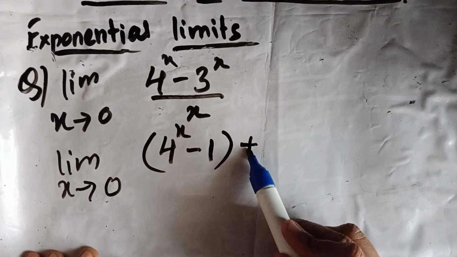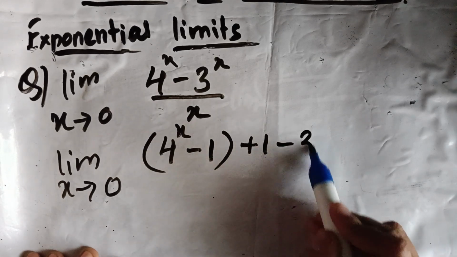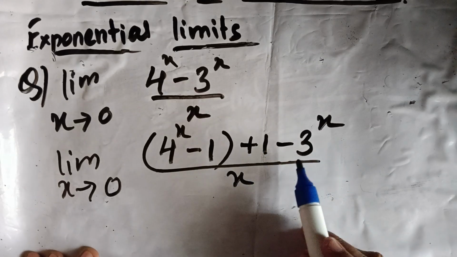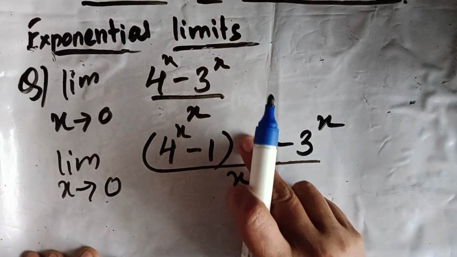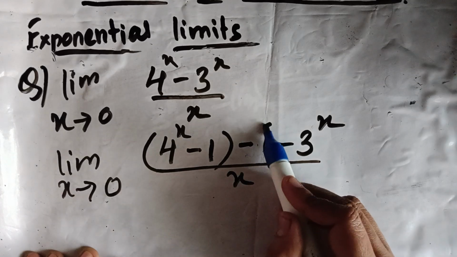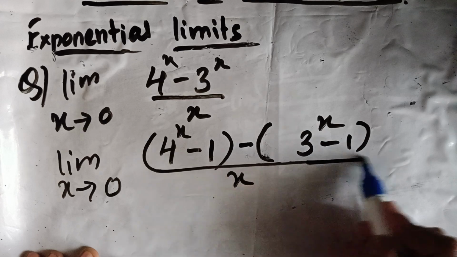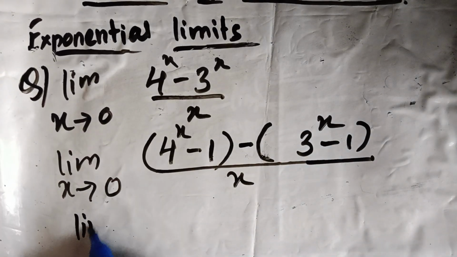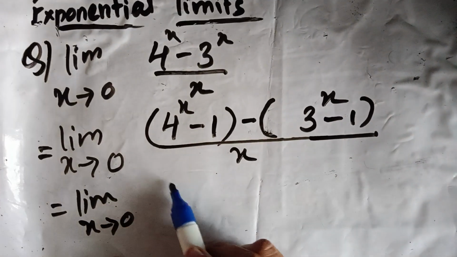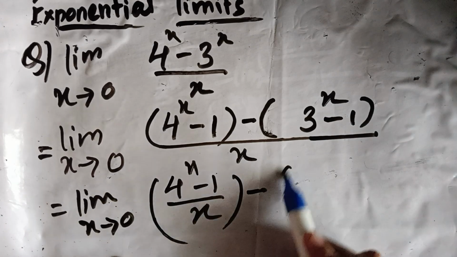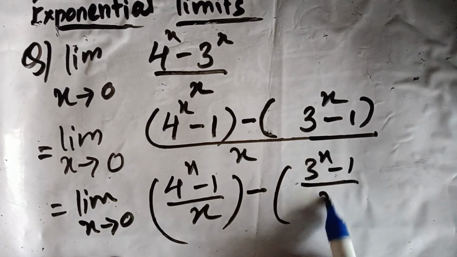I'm adding 1, and this minus 3 raised to x is there, so we have to adjust this. If I take this minus outside, then this will be 3 raised to x minus 1. So we'll get (4 raised to x minus 1) upon x minus (3 raised to x minus 1) upon x.